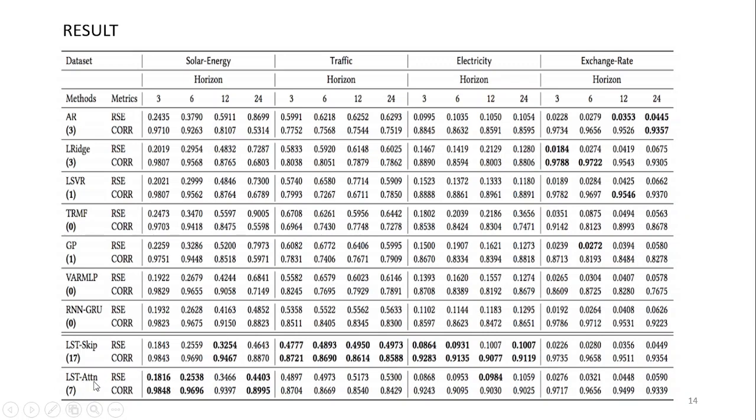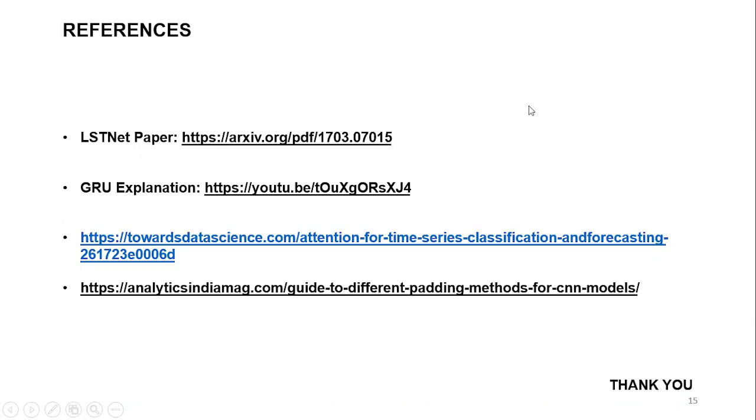And also with the attention layer, it also achieved state-of-the-art results on 3 hours prediction, 6 hours prediction, and also 24 hours prediction. And it only failed on the exchange rate dataset. So from this result, it is seen that the LSTNet model was able to achieve state-of-the-art results on 3 datasets out of the 4 datasets used.